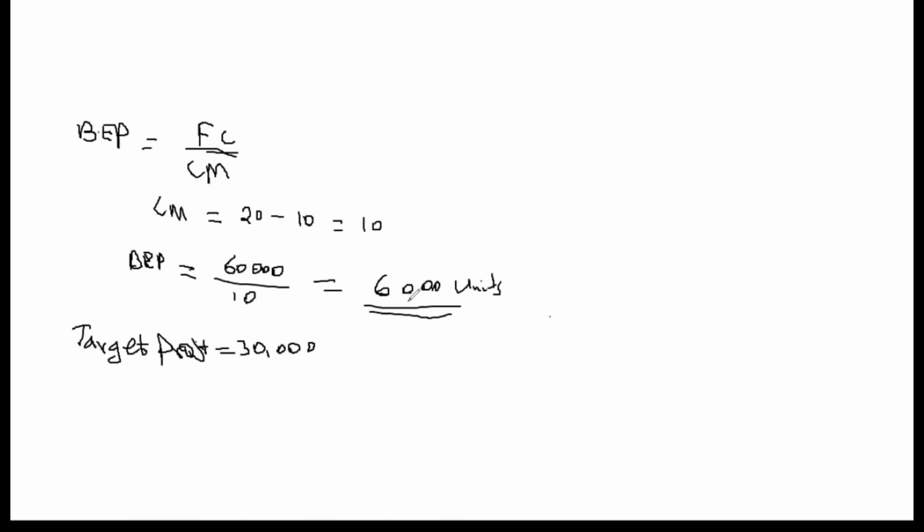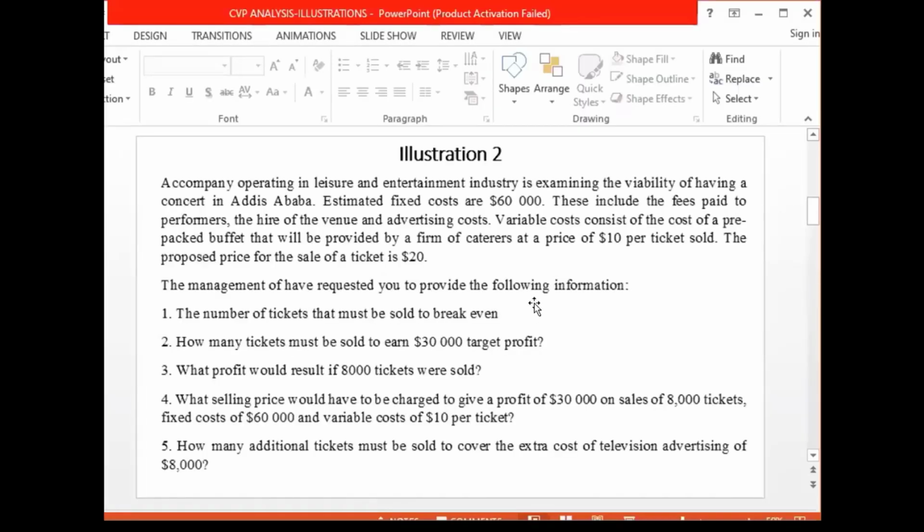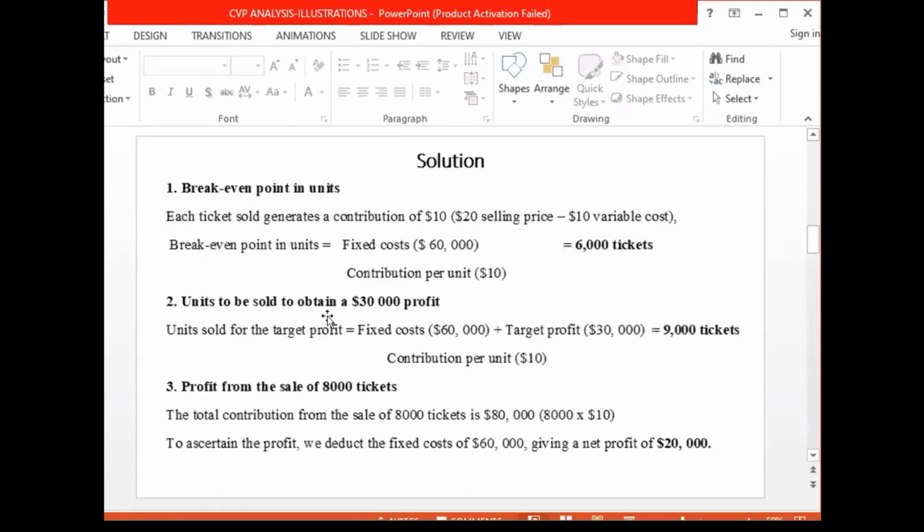So our break-even point is 6,000 units. So how many tickets must be sold to earn $30,000? The number of units to be sold to obtain $30,000.